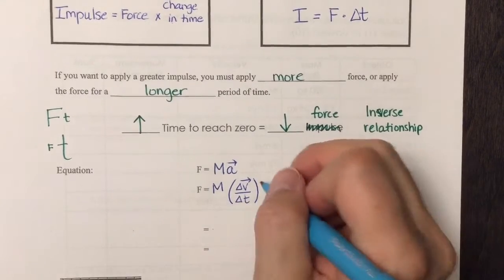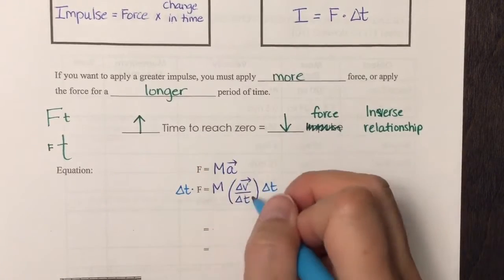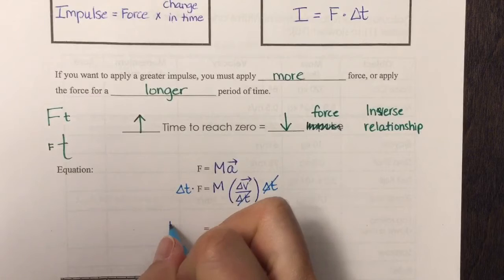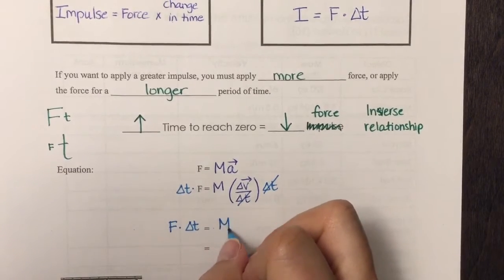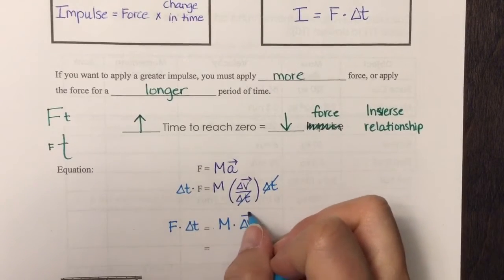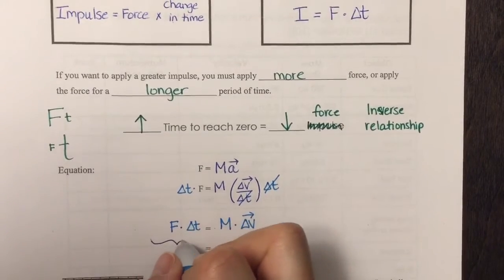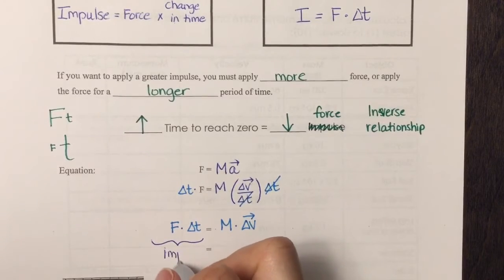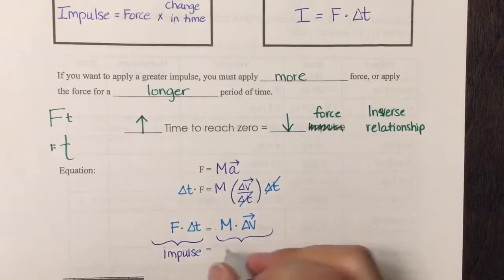So if we want to get rid of this denominator, let's multiply both sides by change in time. That means we get to cancel time out on the right-hand side. So now what are we left with? We have F times delta t equals m times change in velocity. And what does this mean here? Well, look at that. Impulse. So an impulse is a change in momentum.